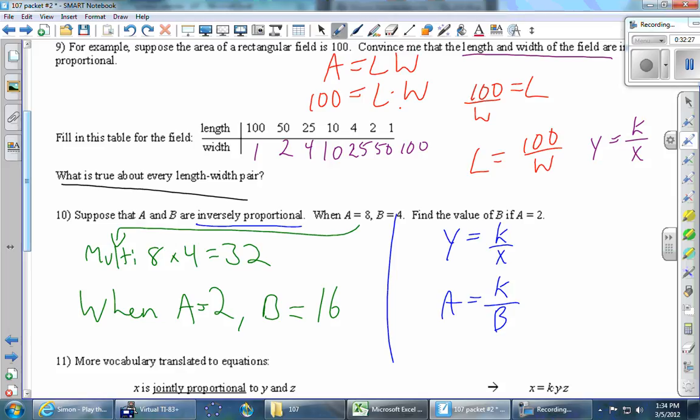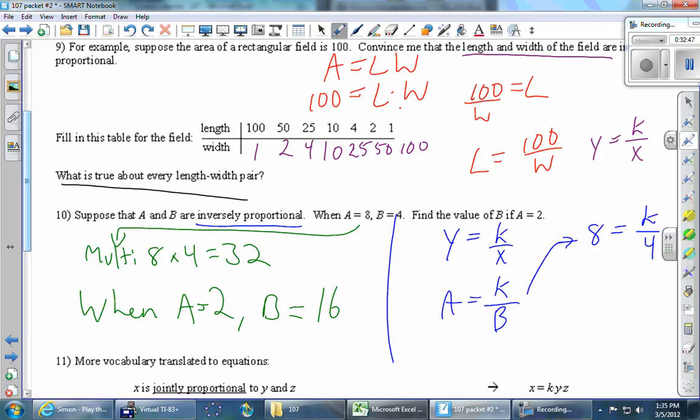In the first example, how much is a? 8. So we've got 8 equals k divided by how much is b? It's 4.